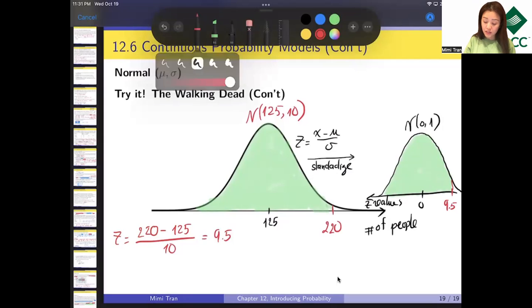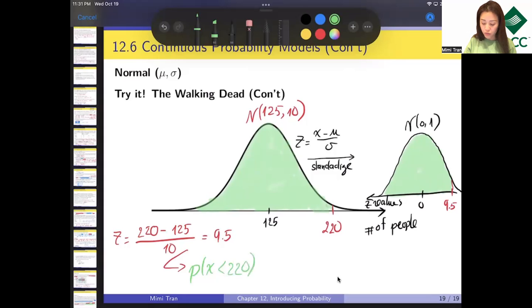By the way, so that's Z. I want to know P of X less than 220. This is equivalent to Z less than 9.5, after I standardize them. You look up on the table. By the way, for the Z value, in practical sense, it goes from about -4 to 4.